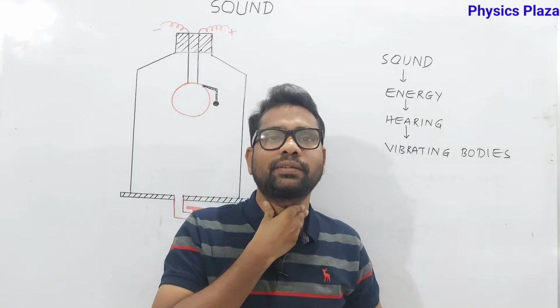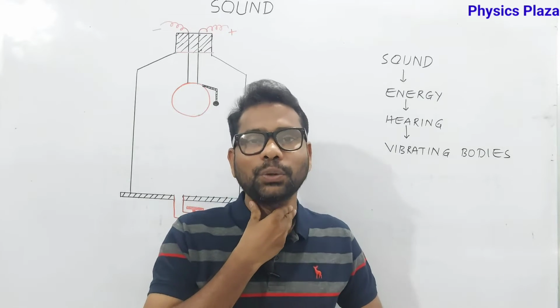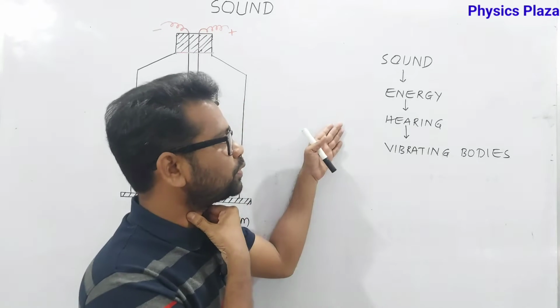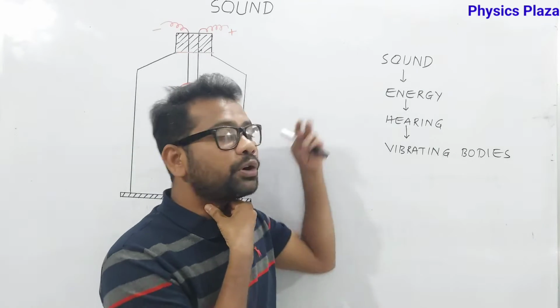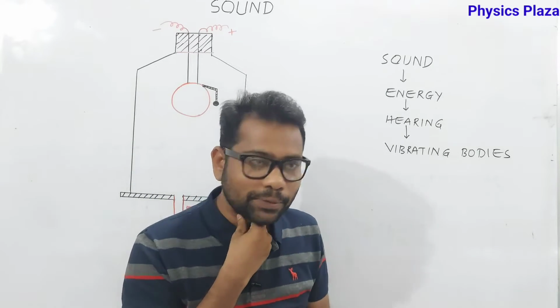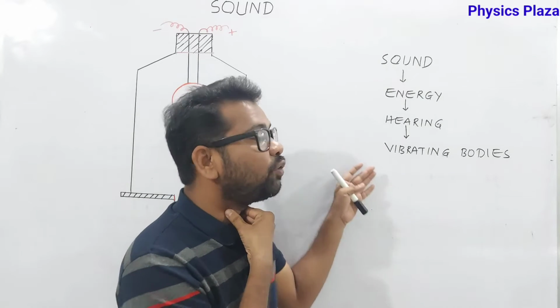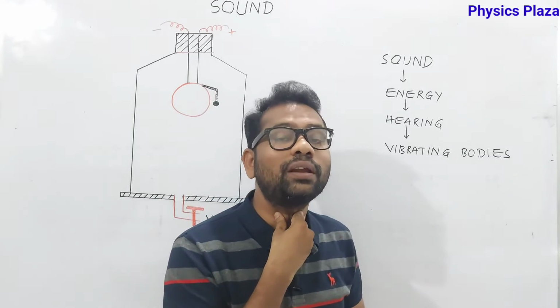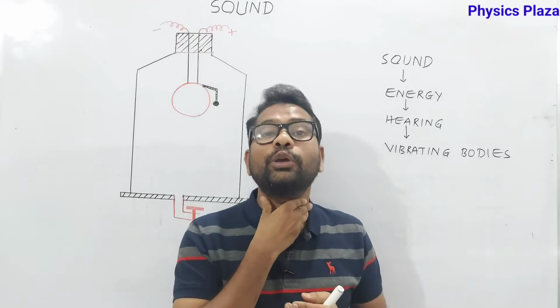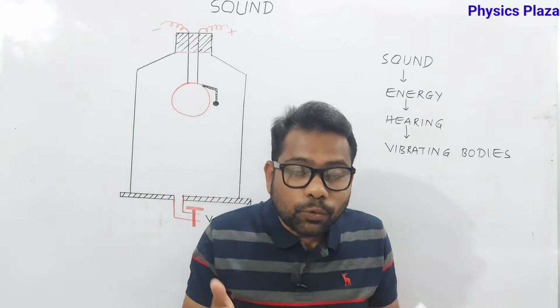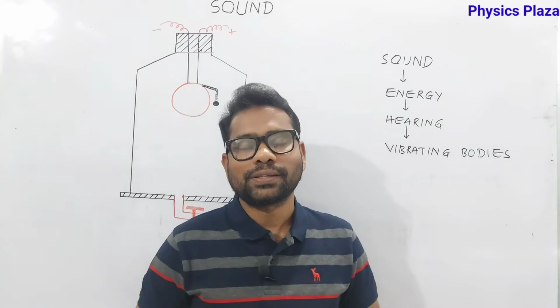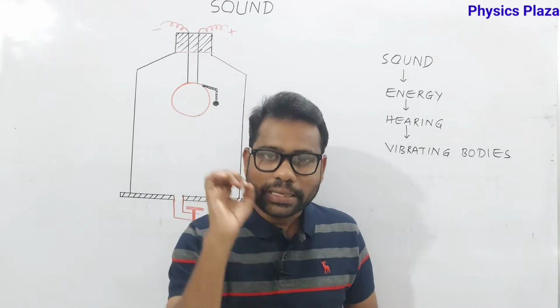Let us read about this, holding the throat gently. Sound is a form of energy which produces the sensation of hearing in us and which is produced by vibrating bodies. Children, when you are reading, are you able to feel some vibrations? Obviously. This is why physics is very easy.